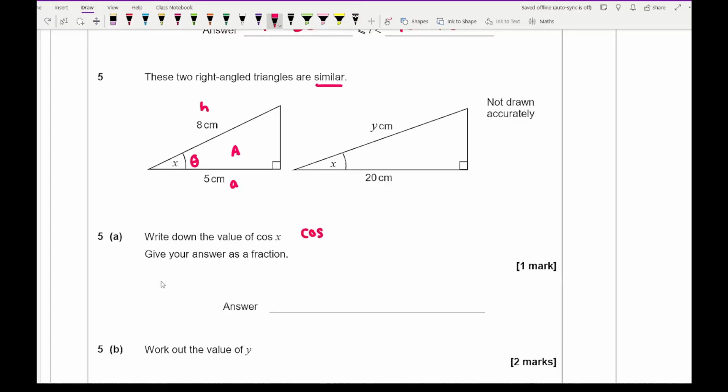So cos x is going to equal the adjacent over the hypotenuse, so it's a over h. A is 5 and h is 8, so cos x equals 5/8, and that's what I want to write here.